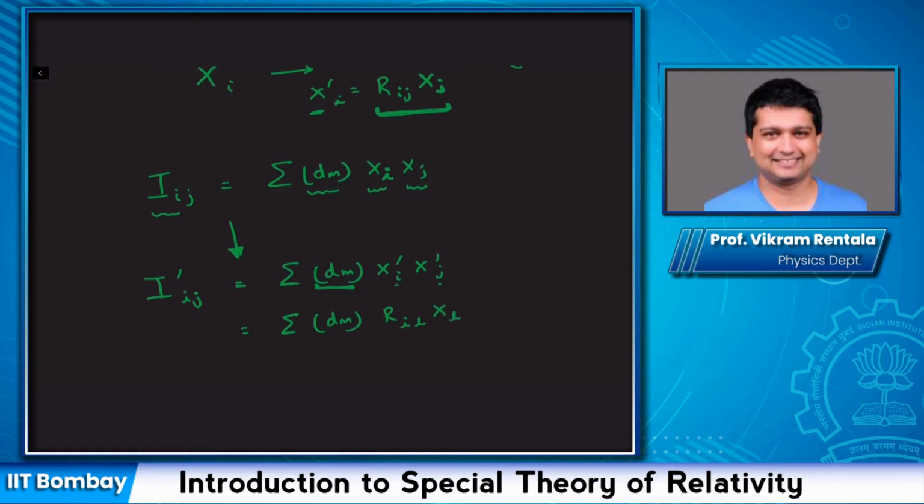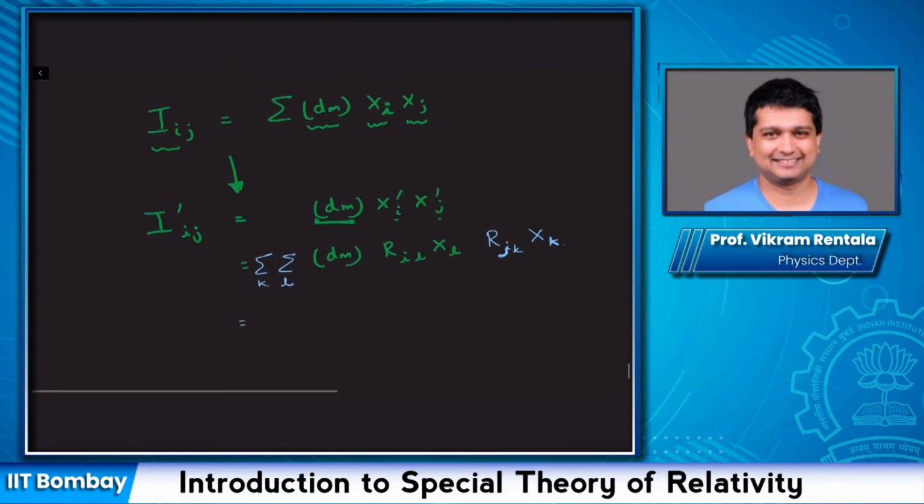So I'm actually going to drop this summation because I don't want you to get confused. There is a summation over mass elements which we're not going to worry about, and we'll now write x prime i as R_il x_l, with an implicit summation over l, and then R_jk x_k, with a summation over k.